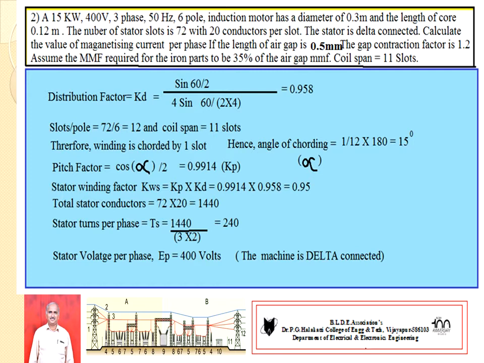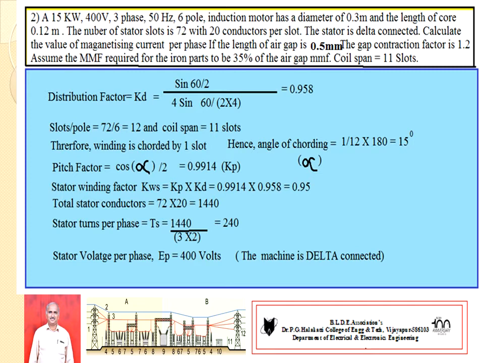Coil span is 11 slots, hence it is short pitched or chorded by one slot. If you are using 12 slots, it is referred to as full pitch winding. Now it is using 11 slots, hence it is short pitch winding, shorted by one slot. That we can tell in a similar way: the winding is chorded by one slot.